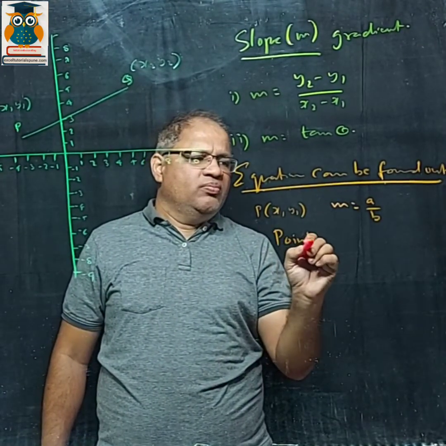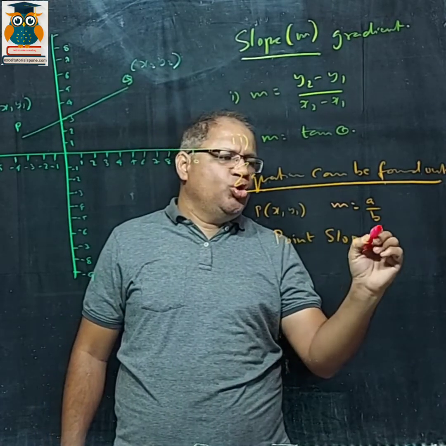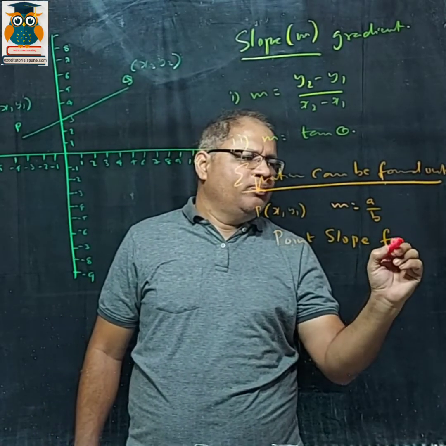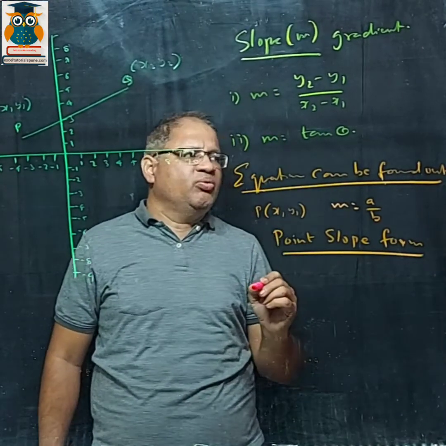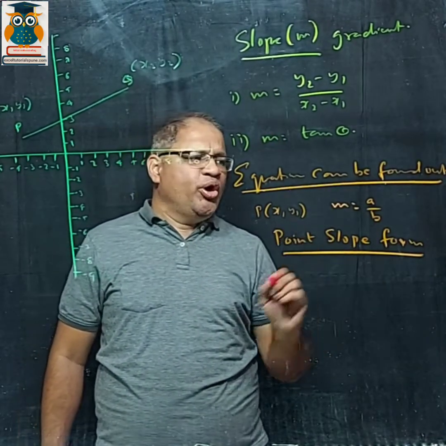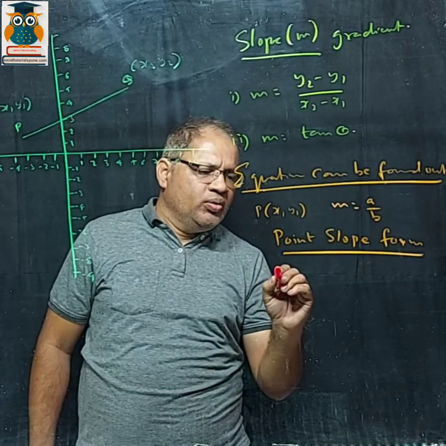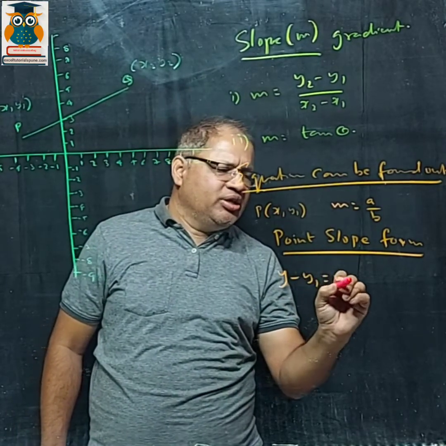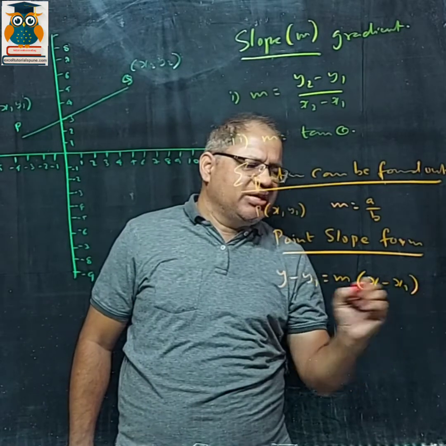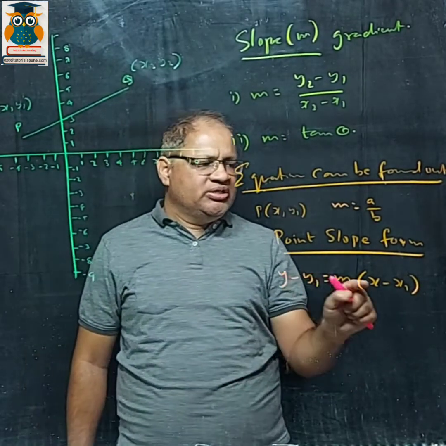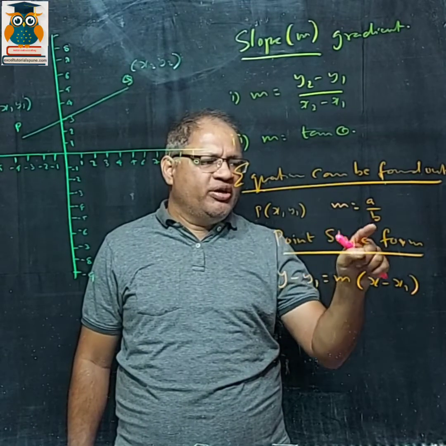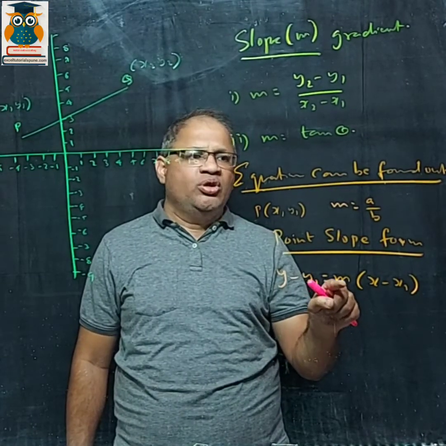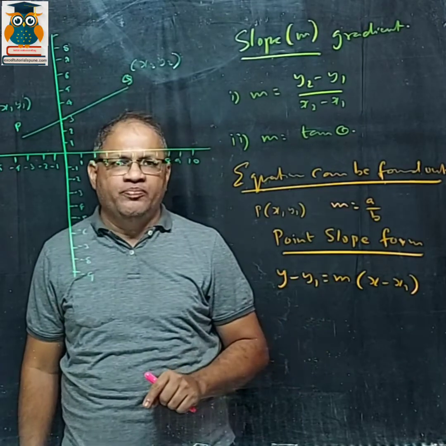The equation in point slope form is y minus y1 is equal to m bracket x minus x1. Here you take x1, y1 over here, keep the rest as it is, and substitute whatever slope is there. So this is point slope form.